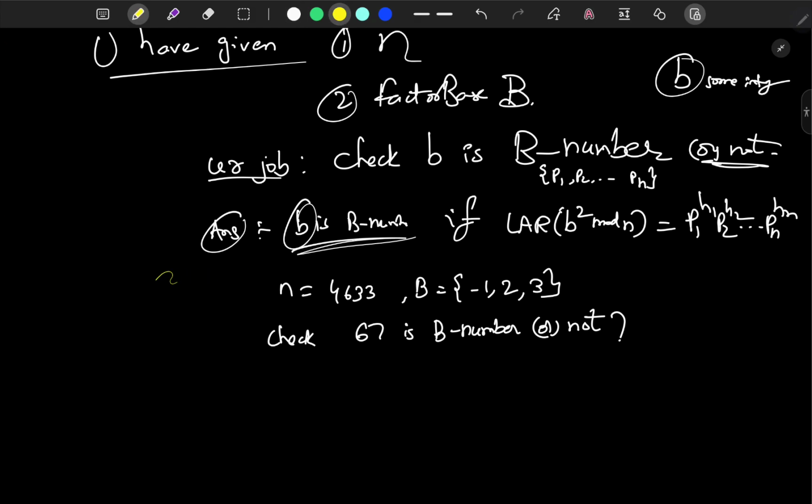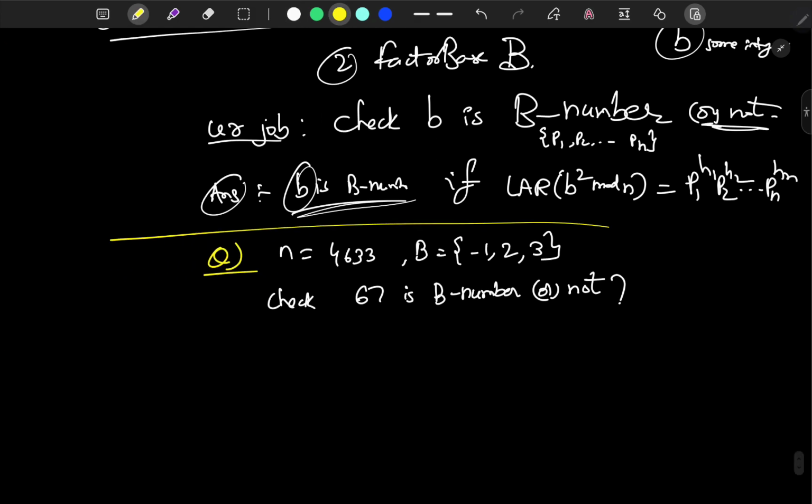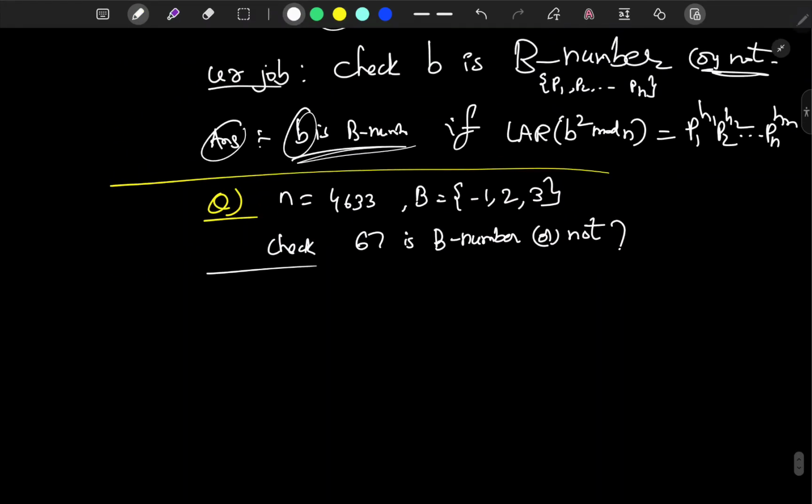This is the question. How to check it? First find the LAR of b square. Here small b is 67, so 67 square mod n value is, let's see.